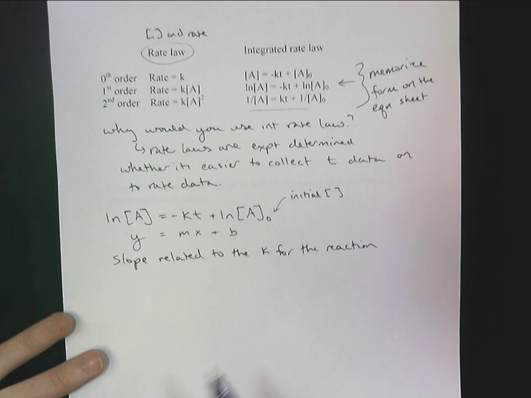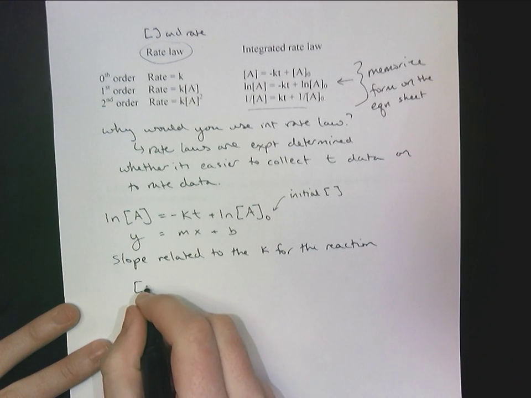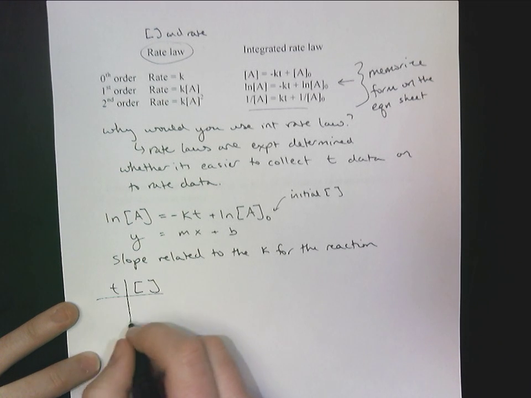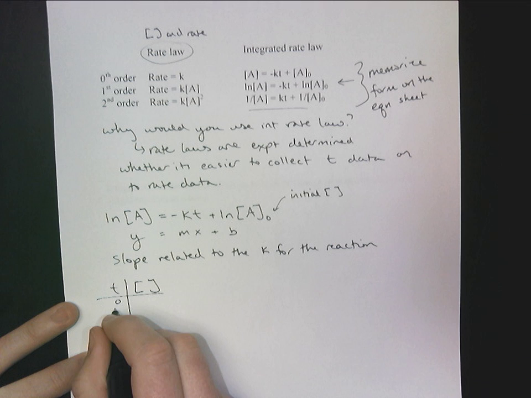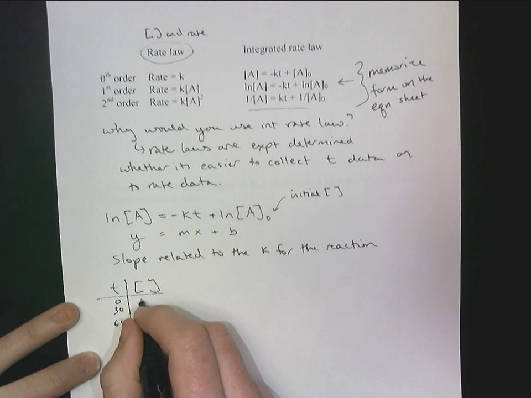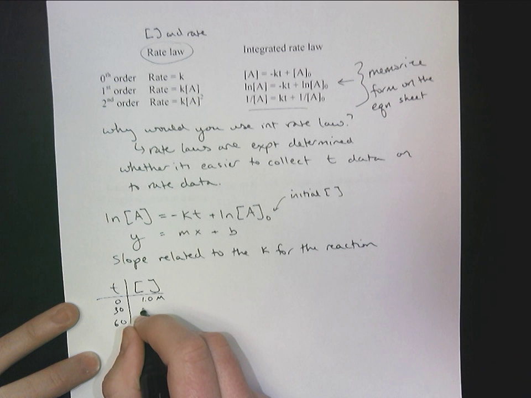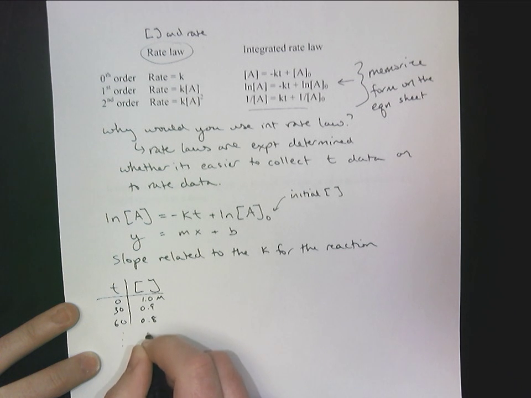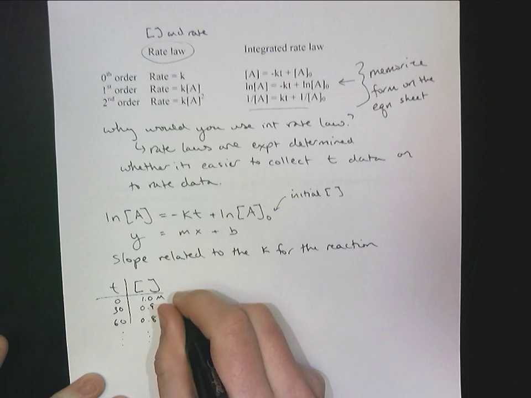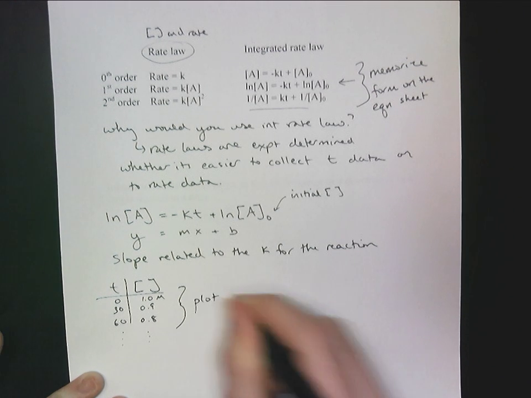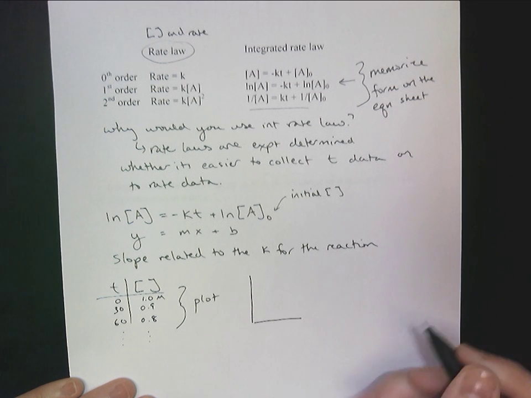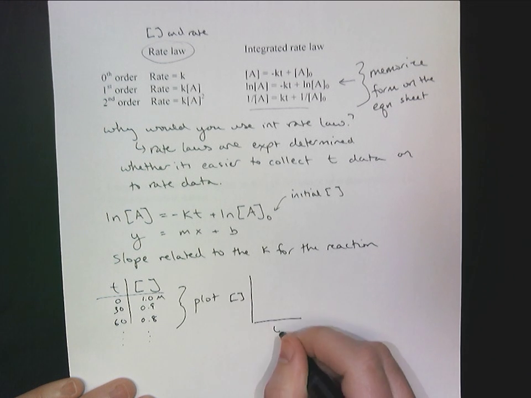Anytime you have integrated rate law data, essentially you're going to have concentration and time data like this: 0, 30 seconds, 60 seconds, etc. You'll have concentration starting at like 1.0 molar, 0.9, 0.8, whatever. Okay, and if you plot that data in 3 different ways, you'd have to plot it like this, concentration versus time.